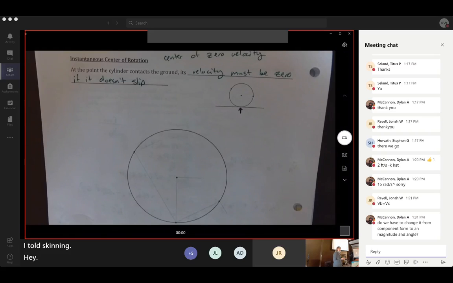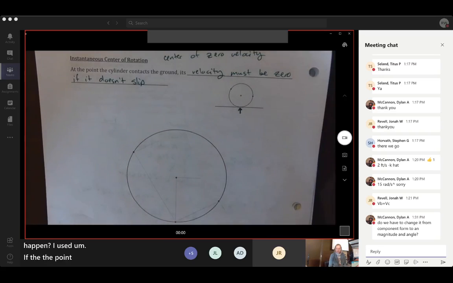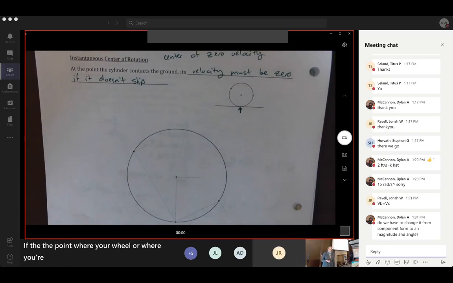Or hydroplaning, or whatever else may happen, ice. If the point where your tire is in contact with the ground doesn't have a velocity of 0, you do not have much in the way of traction. Okay?